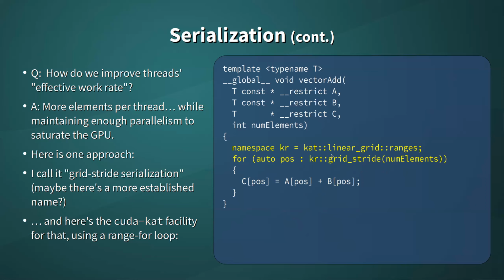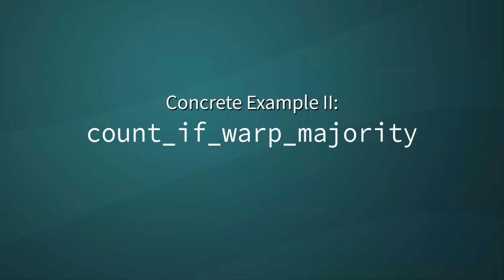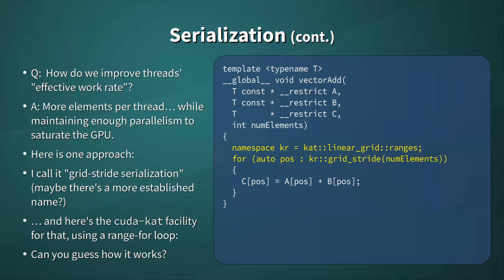So each thread starts this integer range at its global position. So essentially it gets the same effect as with the loop in the previous slide. And the same way we have a grid stride, we can have different kinds of strided ranges, which we'll even see later on.